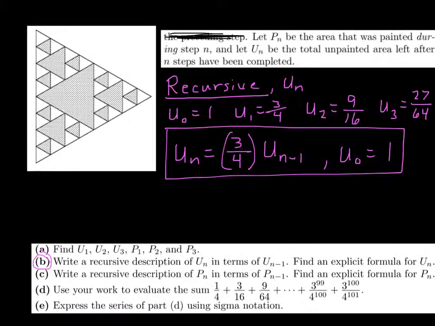Okay, now if we were to find the explicit formula, what kind of sequence is this? I hear everybody whispering it. You're right. It's geometric. It's a geometric sequence because you're multiplying by the same number each time.